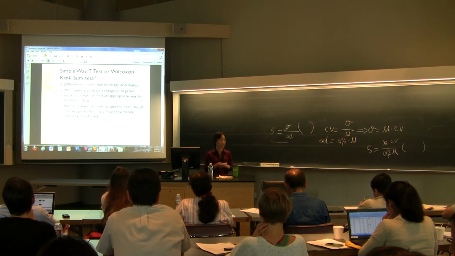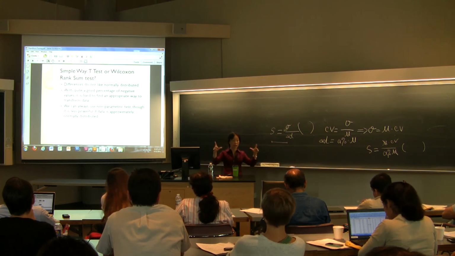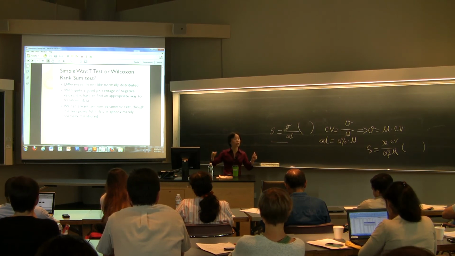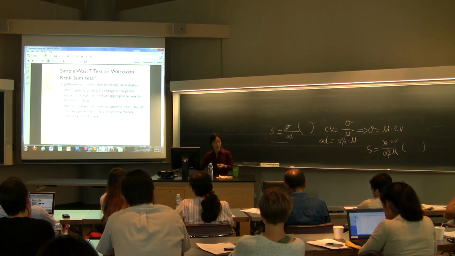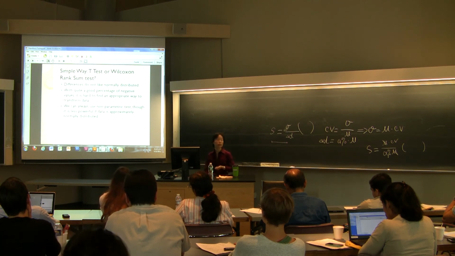Normally, as I said previously, if all the differences are positive numbers, we can try log transformation to see whether it's normal-like. But with many negative values, we cannot do that, and we also don't want to just throw them away. So in this case we can always use the nonparametric test, but it's less powerful.